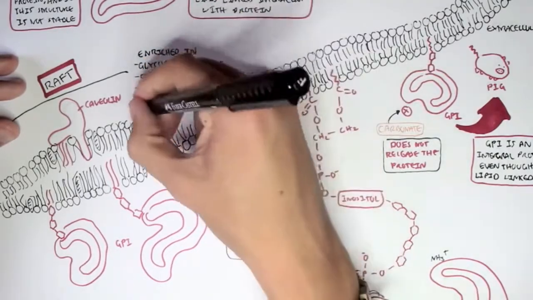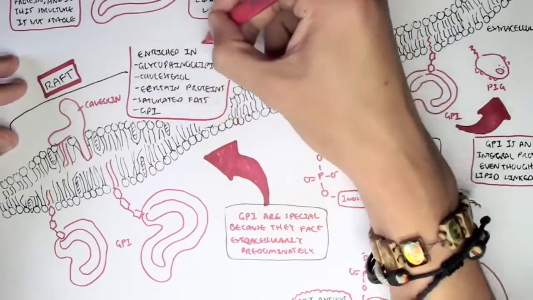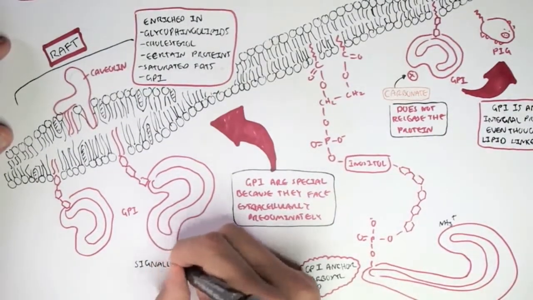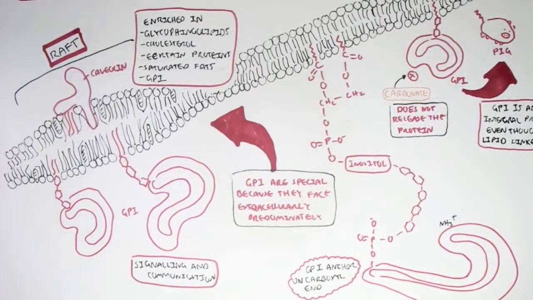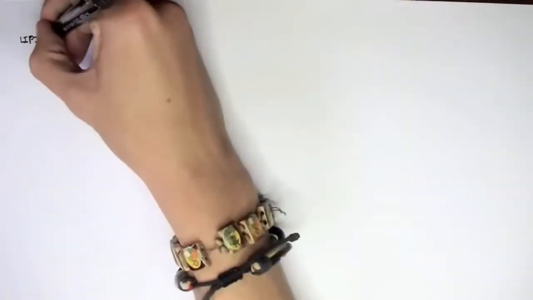They are also enriched in saturated fats and also glycosyl phosphatidylinositol, as mentioned. And so all these structures in this so-called raft domain help in signaling and communication with other cells and also taking in things. Let's look at some other advantages these lipid-linked proteins have.